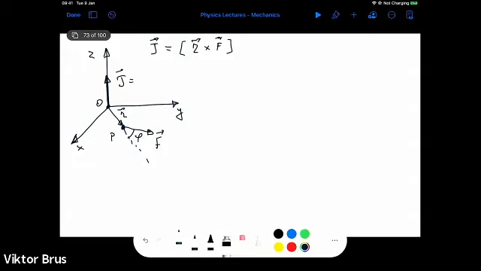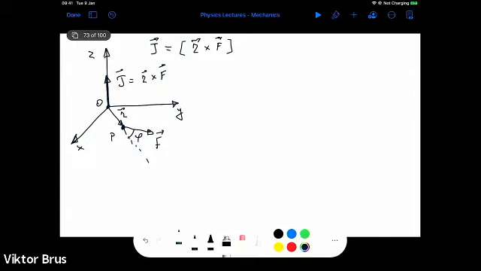So this is the cross product of the position vector and force.